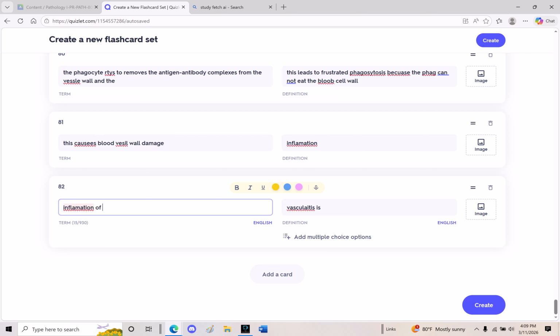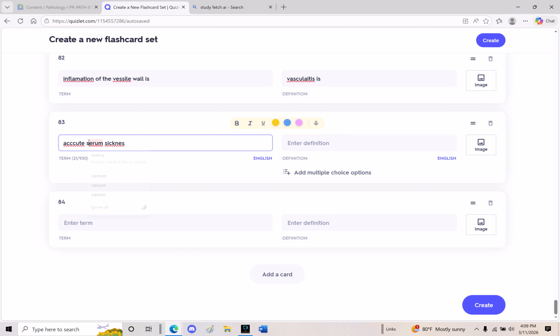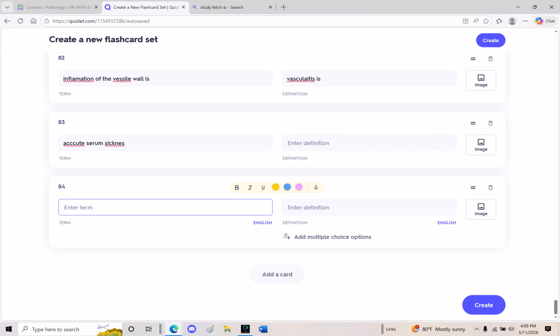Now, this happens in a couple of different diseases that he talks about. The first one is acute serum sickness. Basically, you take a large amount of foreign serum, typically from something like a horse. You don't do this a lot in humans.